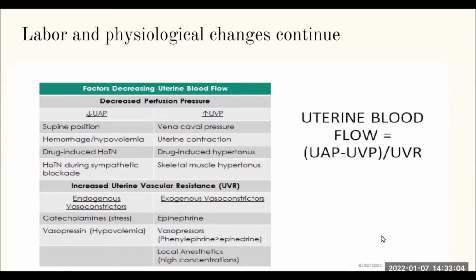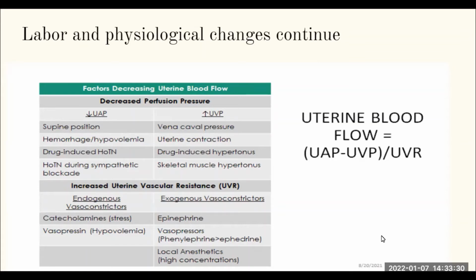You also have hypotension due to drugs, or when you do an epidural or a spinal, which causes a sympathetic blockade. You can have an increase in uterine venous pressure when you have vena cava compression and uterine contractions, like I said, hypertonus, drug induction, and also skeletal muscle hypertonus.